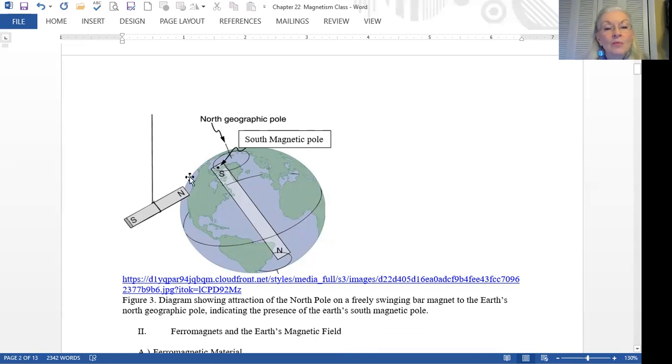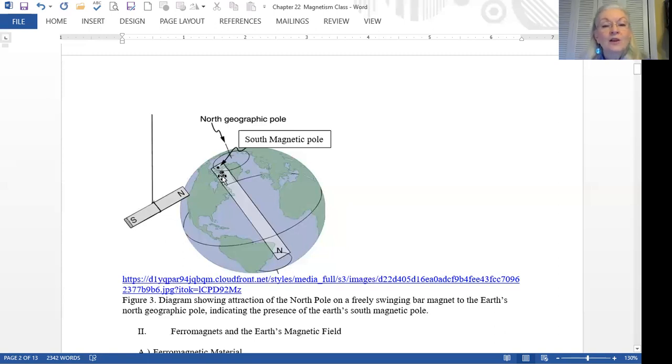Here's our little drawing of the bar magnet suspended by a string. You can see that the north pole on the bar magnet is pointing towards the geographic north pole. What that means is that since we know opposite magnetic poles attract, the north pole on the bar magnet must be attracted to a south magnetic pole. And it's as if in the center of the earth, there's this giant bar magnet where the south magnetic pole is in the northern hemisphere and the north magnetic pole is in the southern hemisphere.